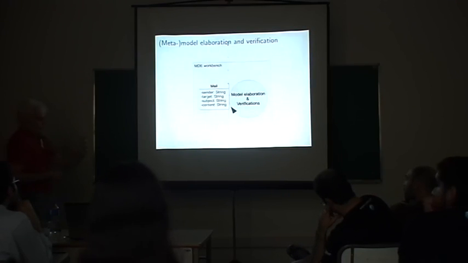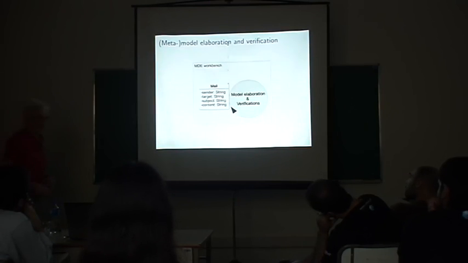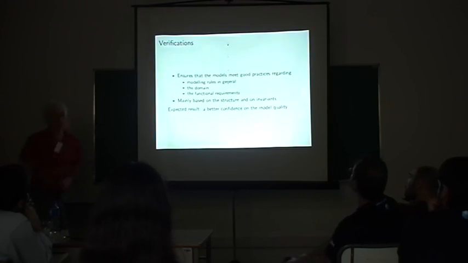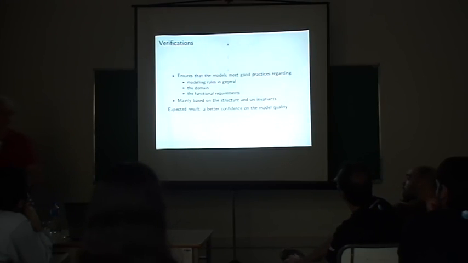So now, I recall the process when you are modeling within a workbench. You have to elaborate your models, and at the beginning you have to do some verification of your models. This verification ensures that you use good practice for the modelization.